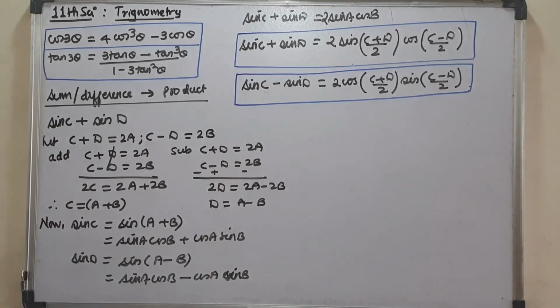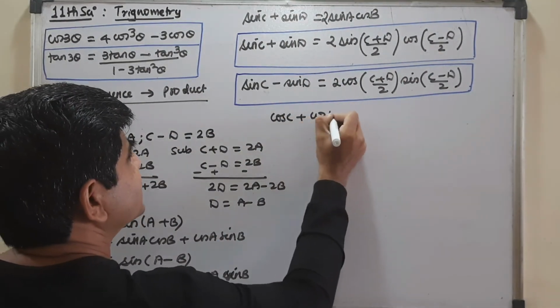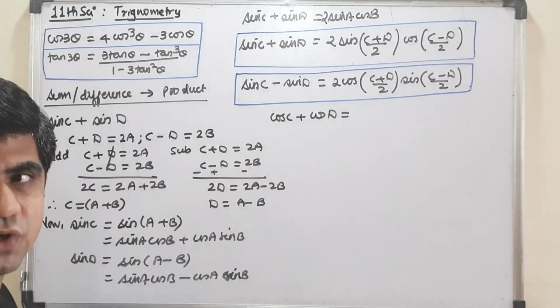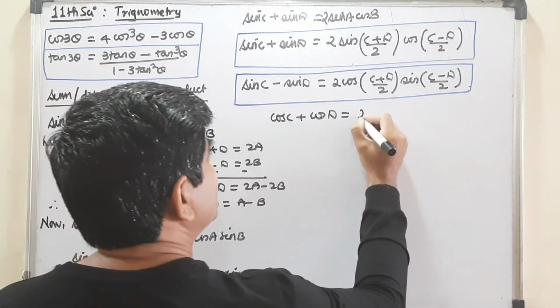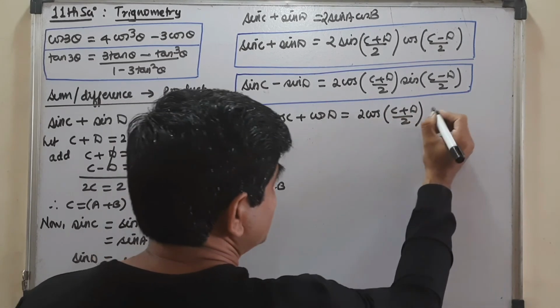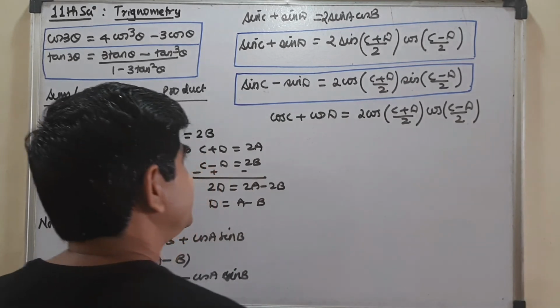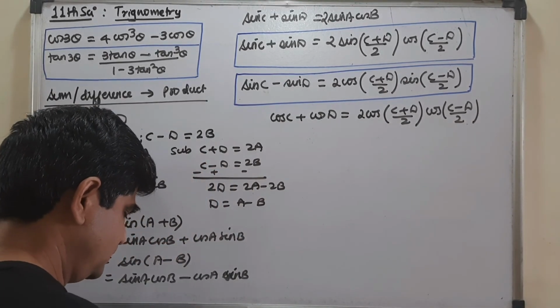Okay? Then if you have cos c plus cos d, it is equal to 2 cos of c plus d by 2 into cos of c minus d by 2, right?